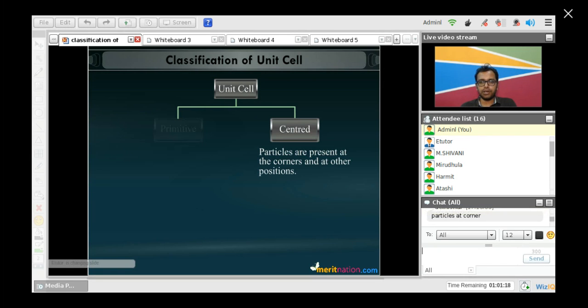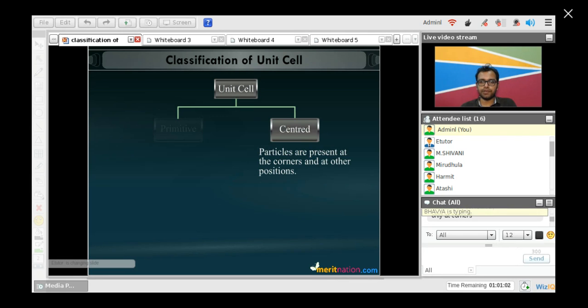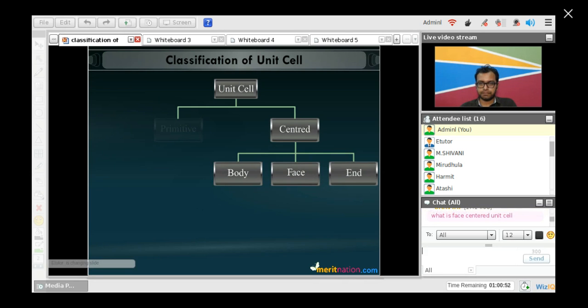And in the centered unit cell, you will observe particles at the corners and at other positions as well. A centered unit cell can be subdivided into body centered, face centered, and end centered, right?